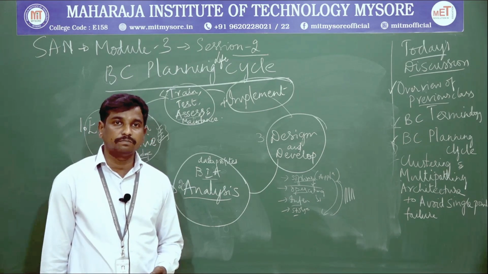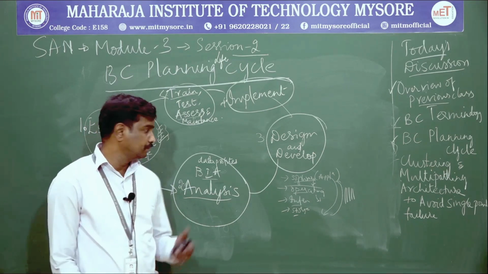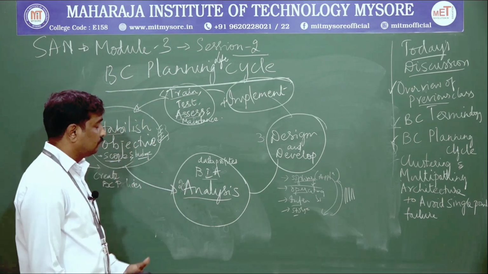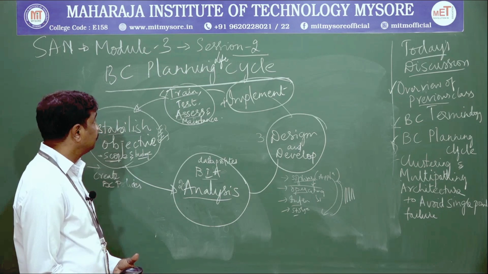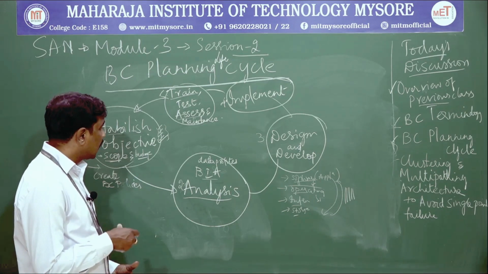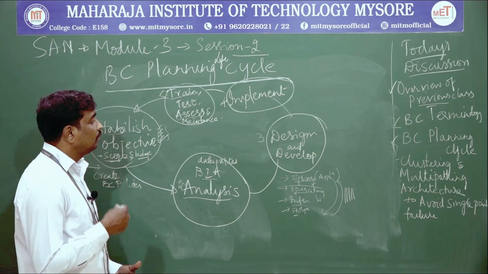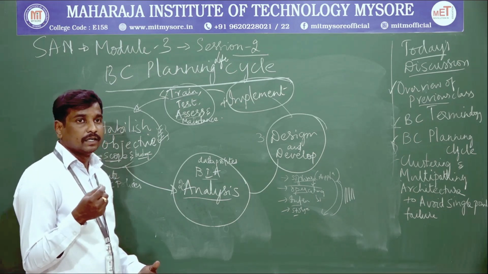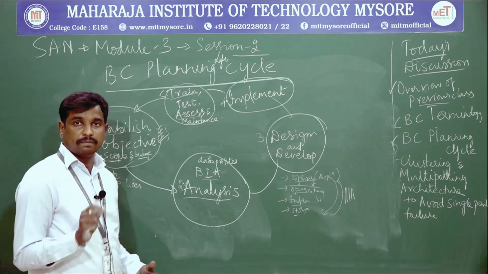Everything is given to the objective team so that the business operations will be done. So these are the main important procedures, the cycles we follow to make our business continuity work 24/7.